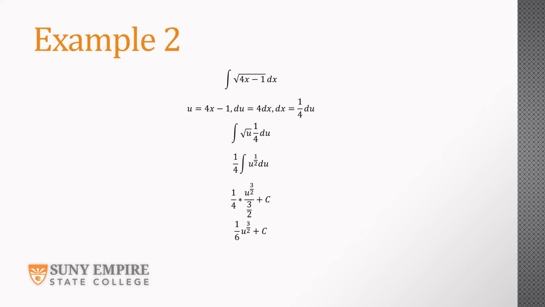Simplifying, we are left with 1/6 multiplied by u to the 3/2 power plus c. Substituting the original expression back in, we are left with 1/6 multiplied by the quantity 4x minus 1 raised to the 3/2 power plus c.